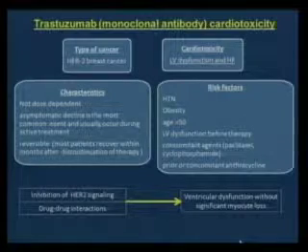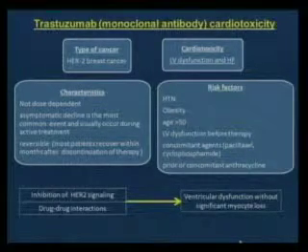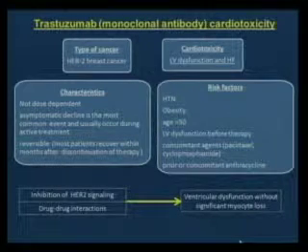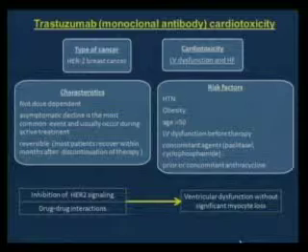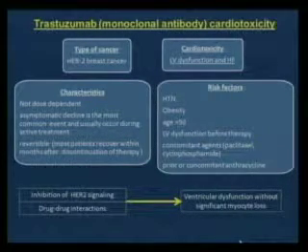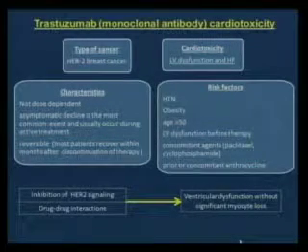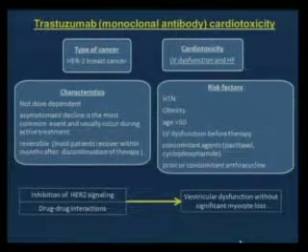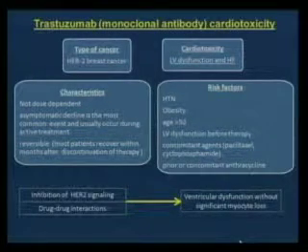And it occurs usually during the active treatment, not after the treatment. So you have to be careful when you give Trastuzumab, and keep that in mind. And it's reversible. Doxorubicin, as I said, is irreversible, but Trastuzumab cardiotoxicity is potentially reversible in 80% of cases. In fact, the EF comes back to normal within a few months after the therapy is discontinued.